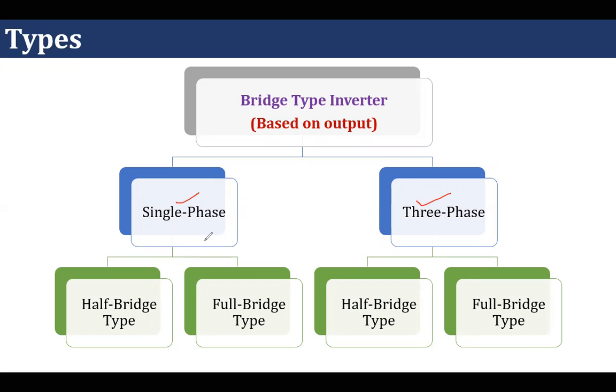And depending on the semiconductor devices connection, this single phase inverter can be of two types, half bridge type or full bridge type. Similarly, three phase can be of half bridge type or full bridge type. So in this lecture, we are going to discuss the single phase half bridge inverter.